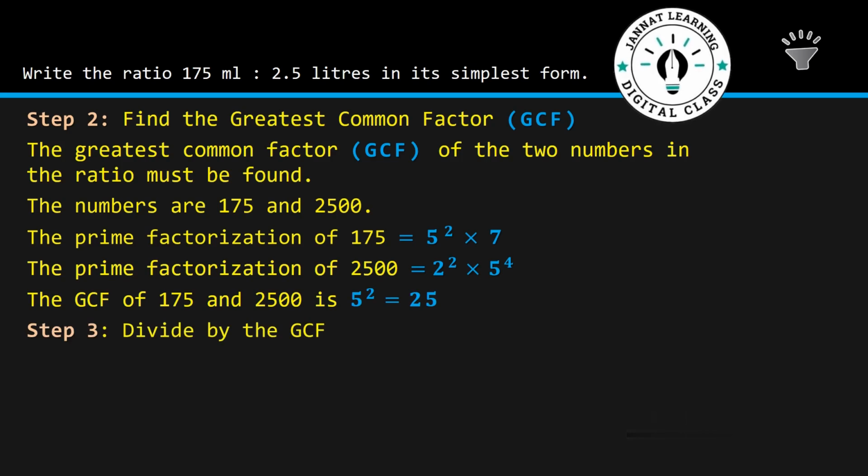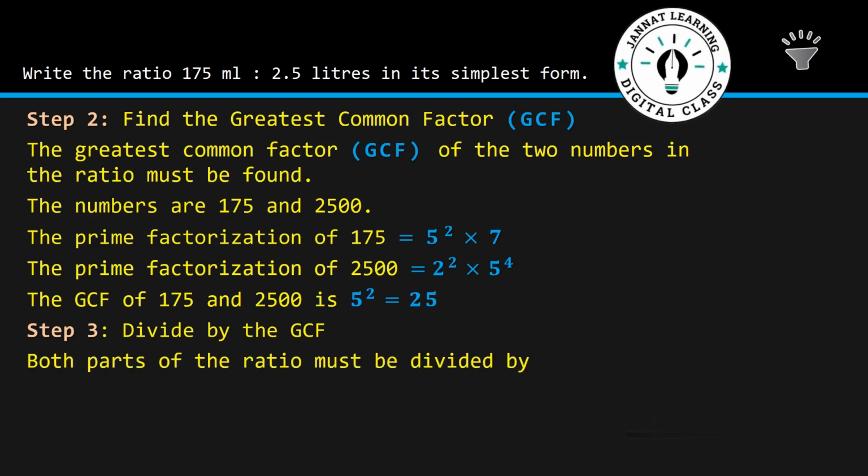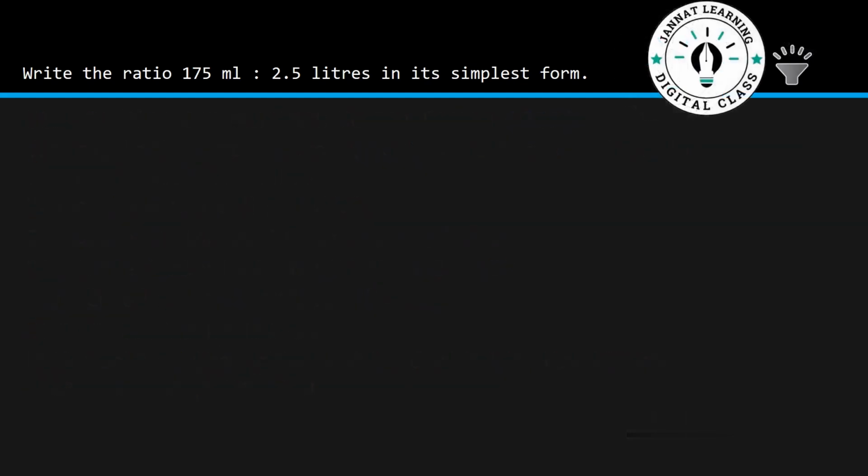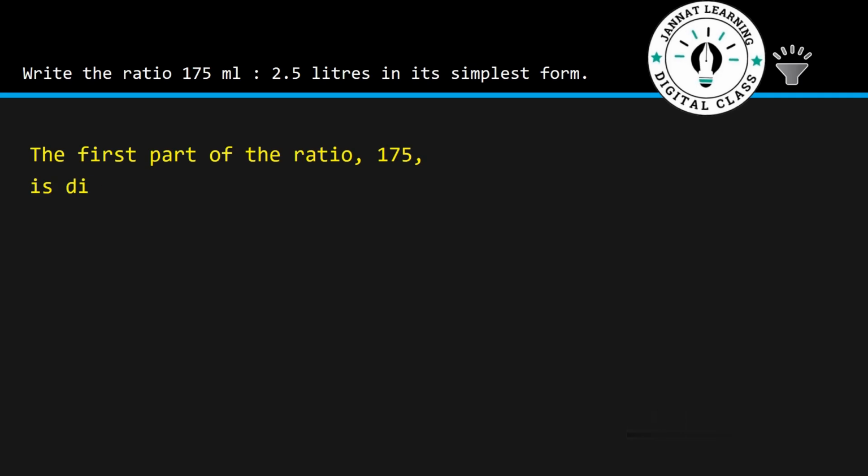Step 3. Divide by the GCF. Both parts of the ratio must be divided by the GCF to obtain the simplest form. The first part of the ratio, 175, is divided by 25. 175 divided by 25 is equal to 7.